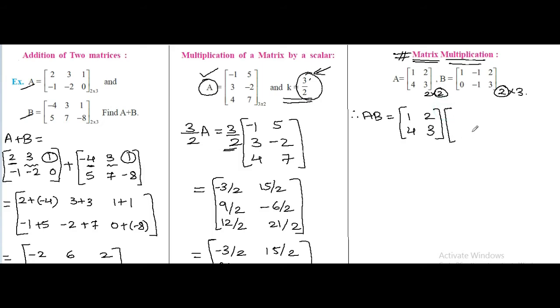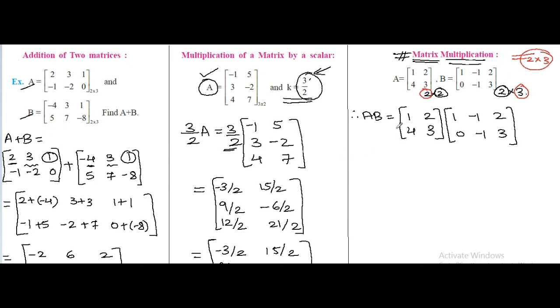What is matrix B? 1, -1, 2, 0, -1, 3. Now we will be multiplying these two matrices, and a new matrix we will be finding out. We can identify the order of that matrix by looking at the order of the previous matrices. So here, the number of rows in matrix A and the number of columns in matrix B, so our new matrix will be of order 2 by 3. Keep this in mind. When we find the complete solution, we will cross verify this.